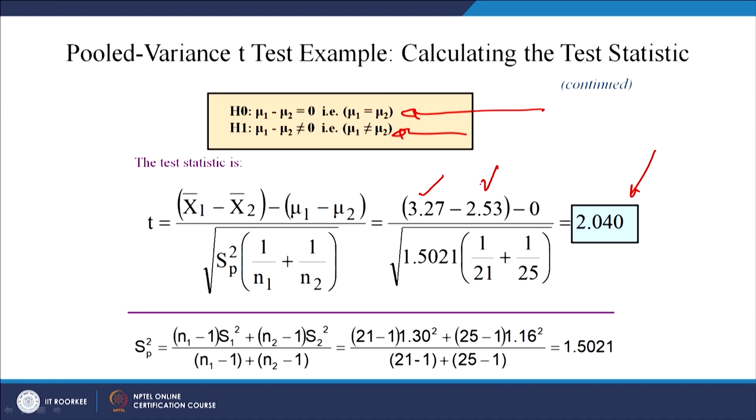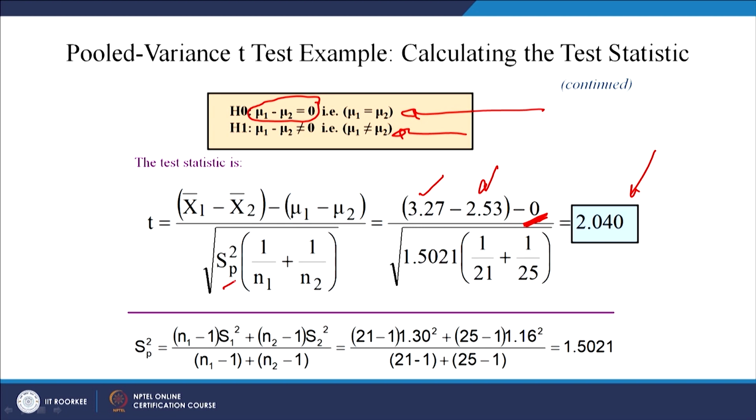And mu 1 minus mu 2 is 0, because we are saying that they are same, there is no difference. This is what we have said initially.